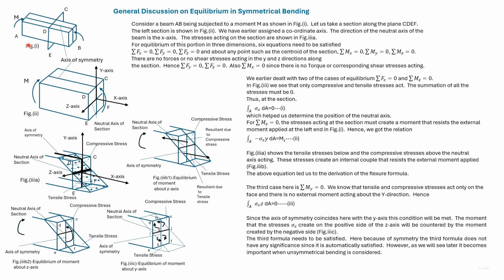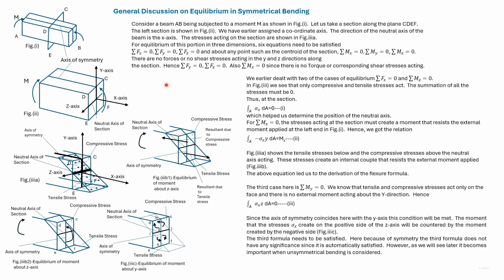Figure 2 is of the portion left of CDEF. And since the whole beam is in equilibrium, this portion is also in equilibrium. Since there's an external moment acting here, there must be an internal moment of the same magnitude acting on the section CDEF.